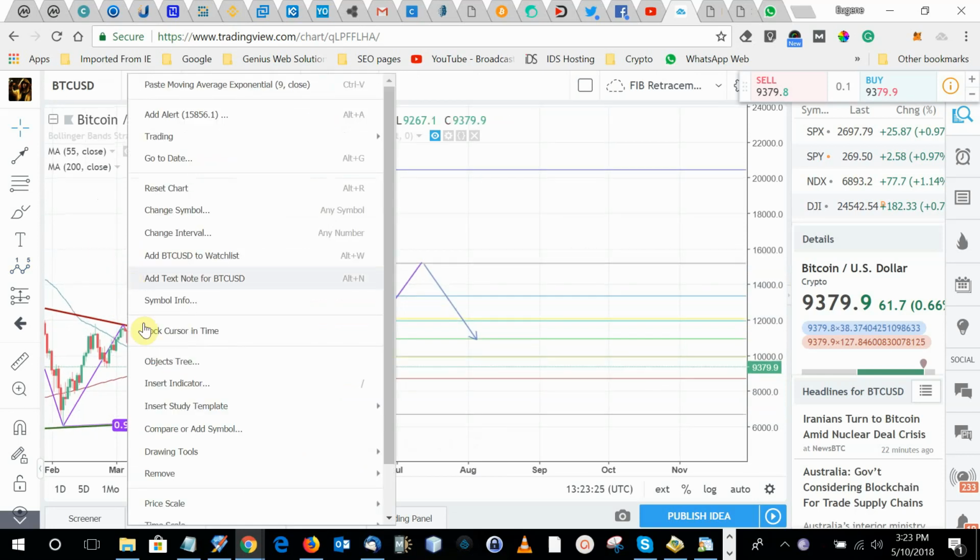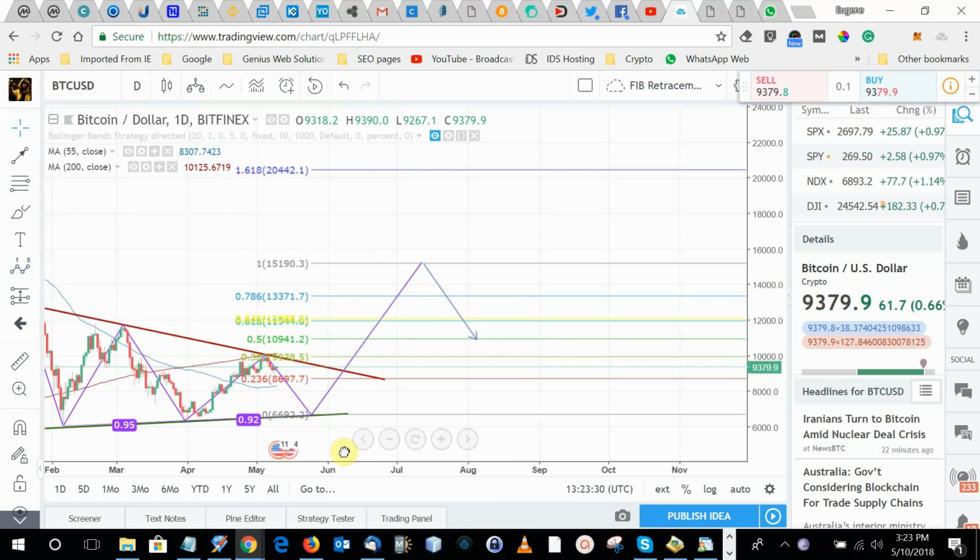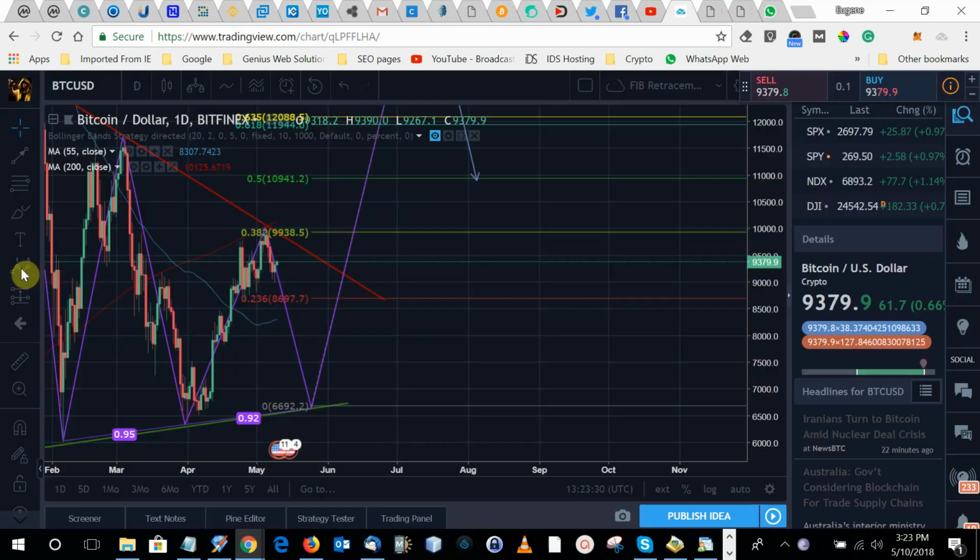So what I'm going to do is make this chart darker so you can see what I'm trying to draw here.